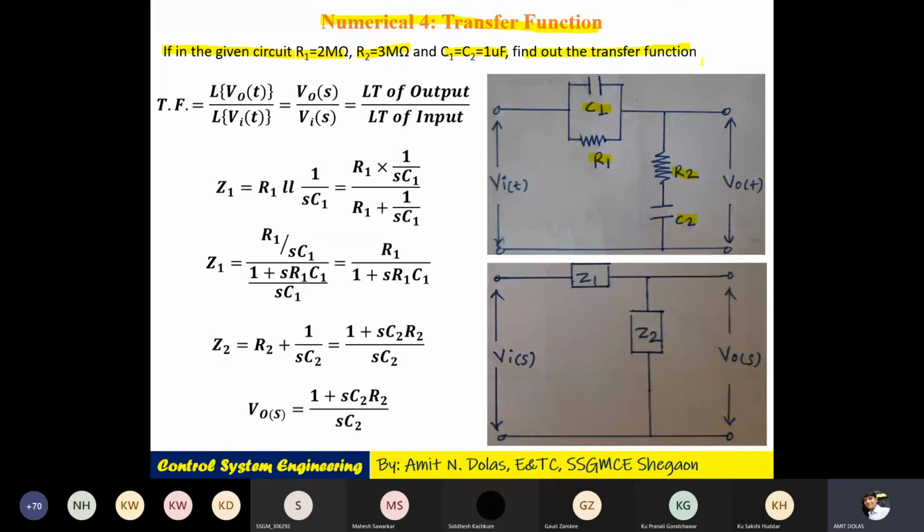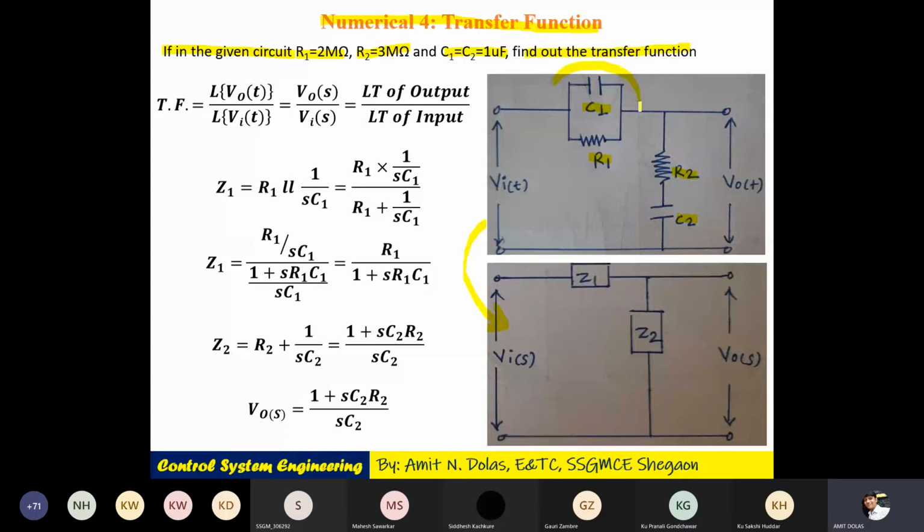Find out the transfer function. Again looking at this circuit, instead of applying KVL and KCL, it will be quite tricky and you may make mistakes. So we'll adopt the second method, where the circuit is converted into the Laplacian or frequency domain.